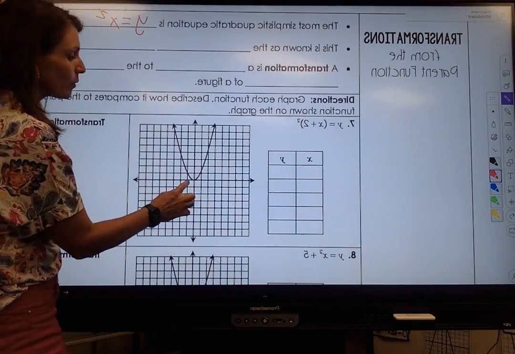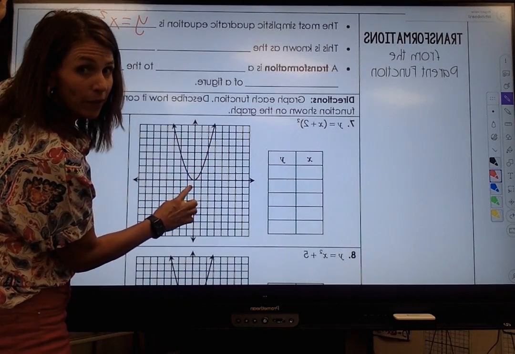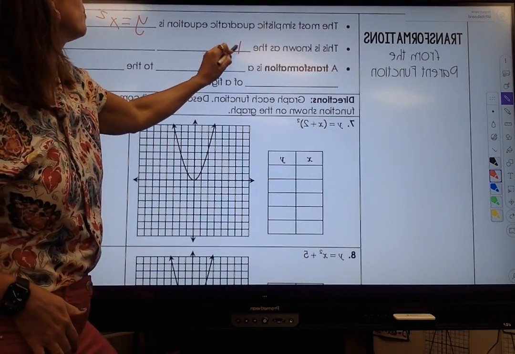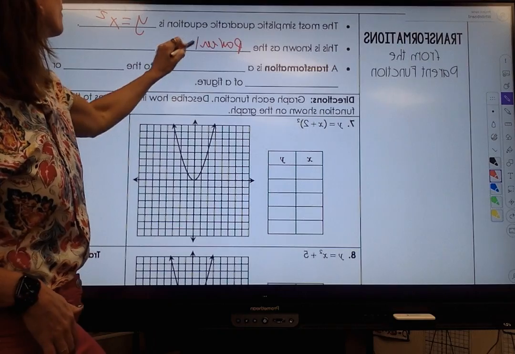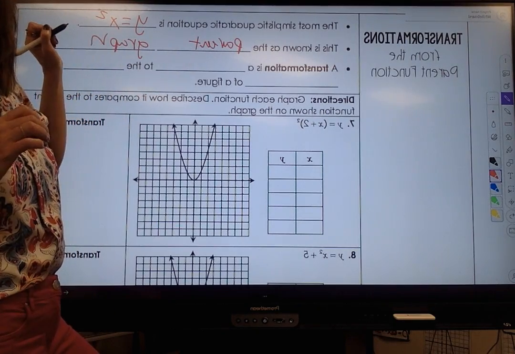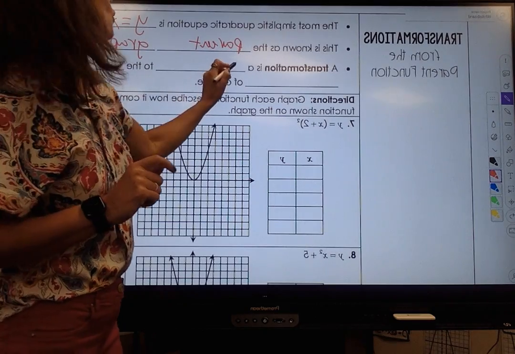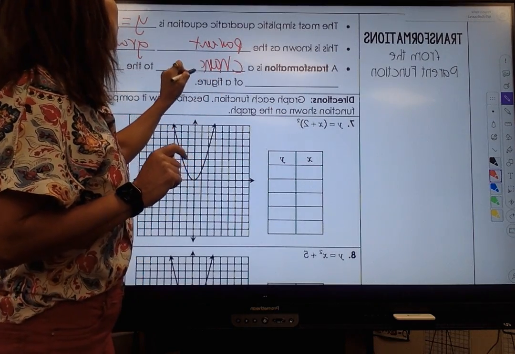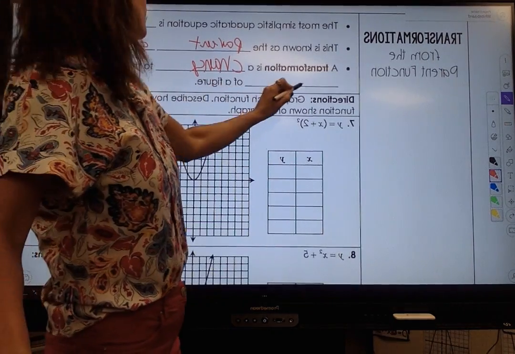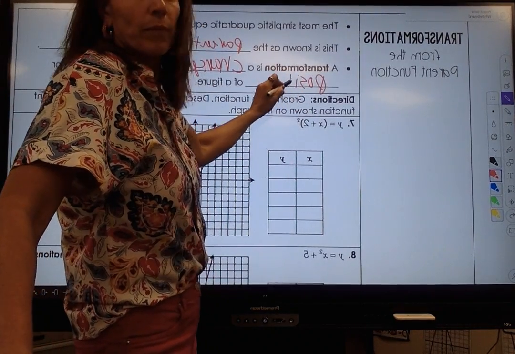And when we have y equals x squared, here's where we have that parent graph right here. And this is known as the parent graph. A transformation is a change to the size or position of a figure.